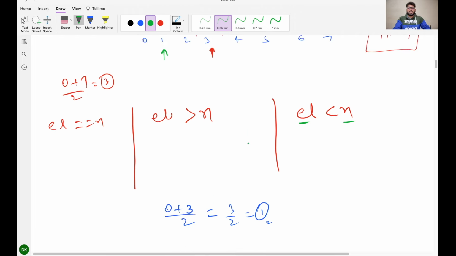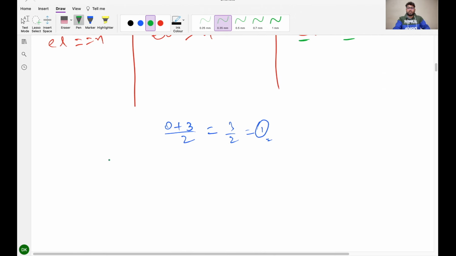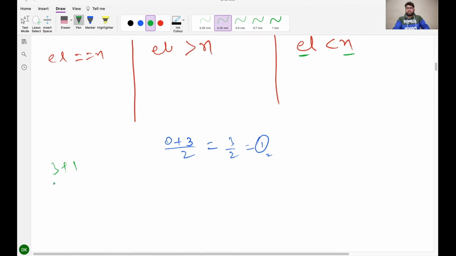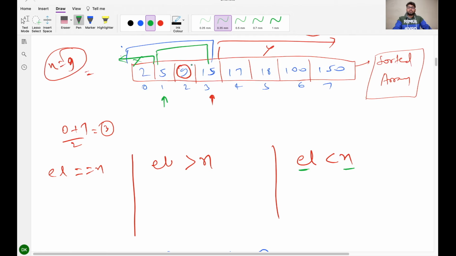And after that I have to find the middle element. So how can we find the middle element? (3 + 1) / 2, that is 4 / 2, that is 2. So at last my pointer is at index 2 and I find out my element is equal to x, and I am happy over here.